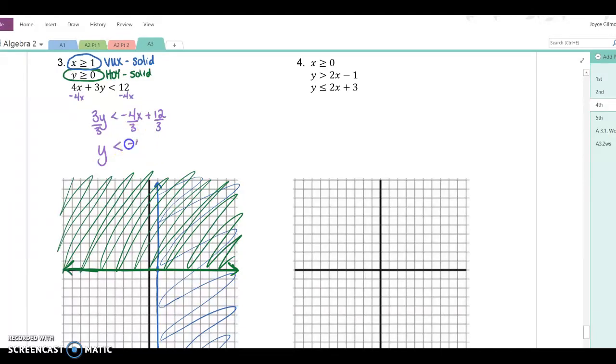We don't need to switch the sign. All right. So we start at 4 on the y-axis. I'm going to make my dots super extra big so I can see them amid the chaos. A slope of negative 4/3, so down 4 over 3.